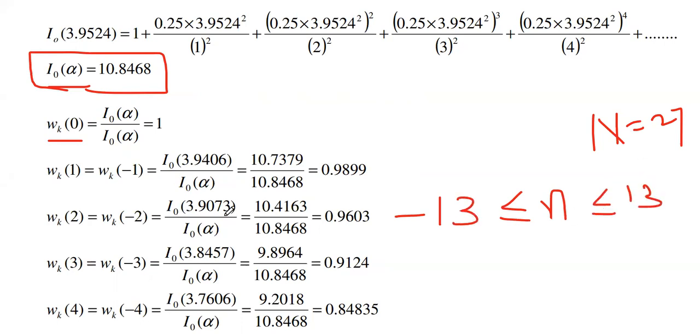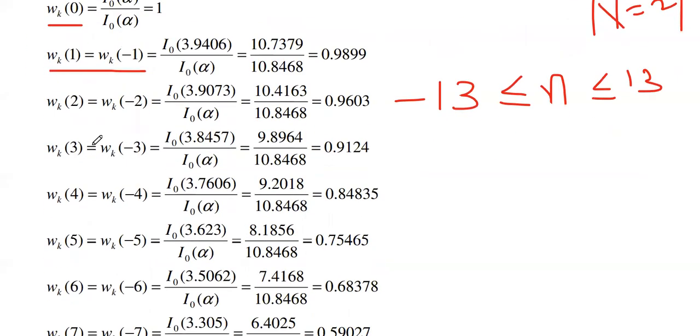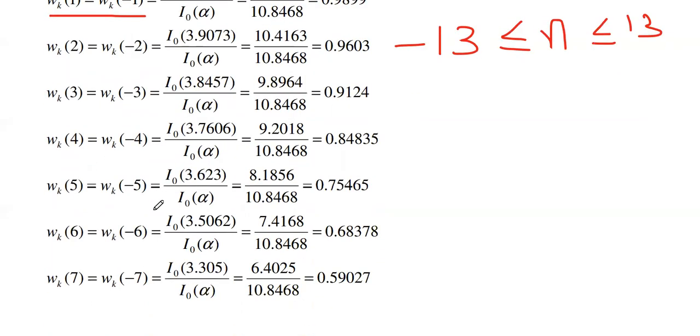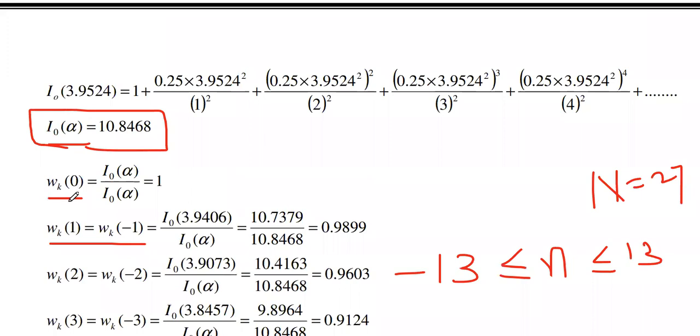Already you know windowing sequences are symmetric. That is, wk of 1 and wk of minus 1 are equal, 2 and minus 2 equal, 3 and minus 3 equal, 4 and minus 4 equal, and so on.